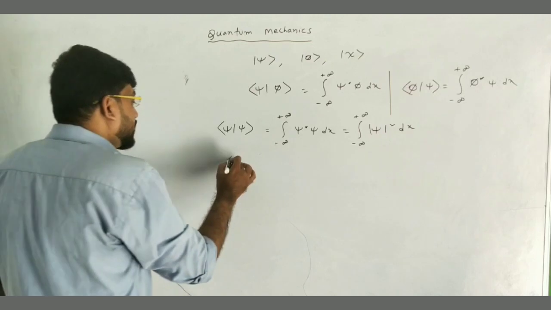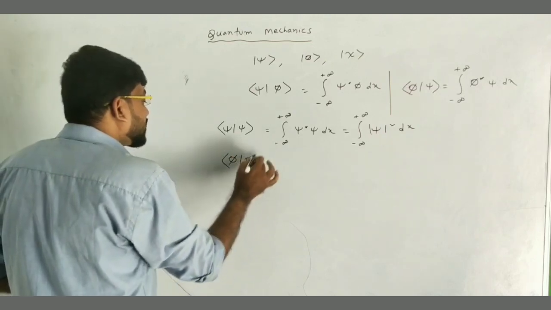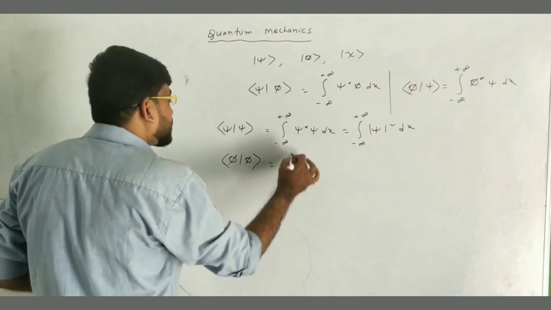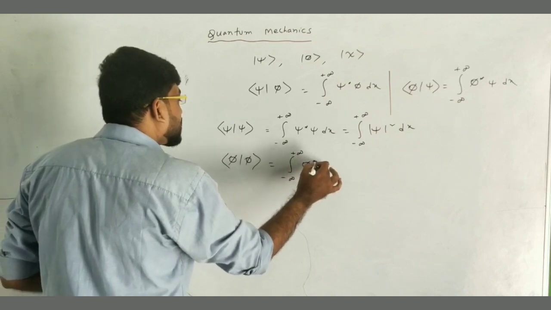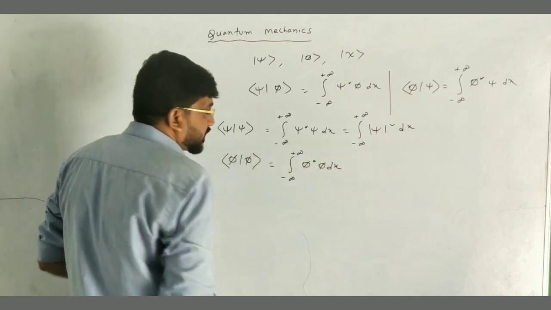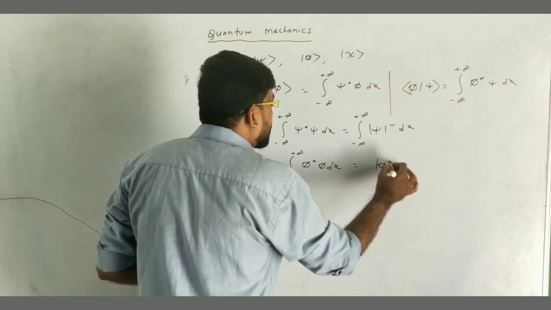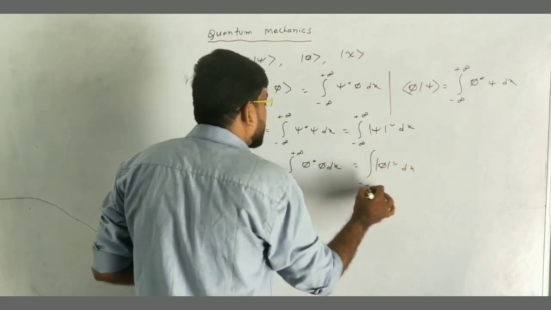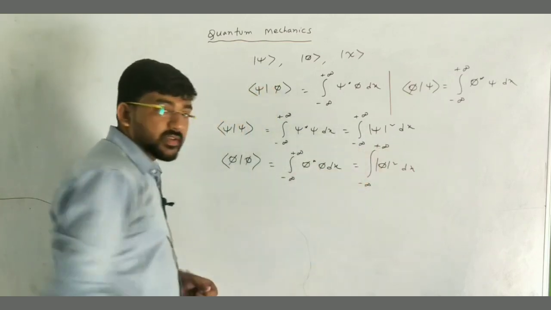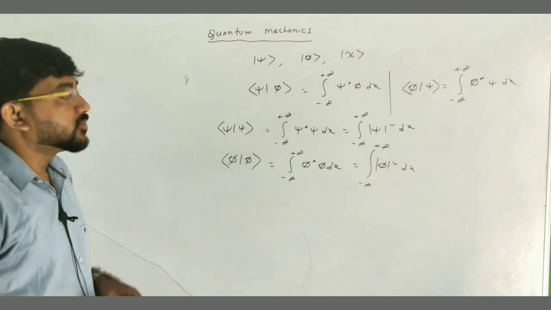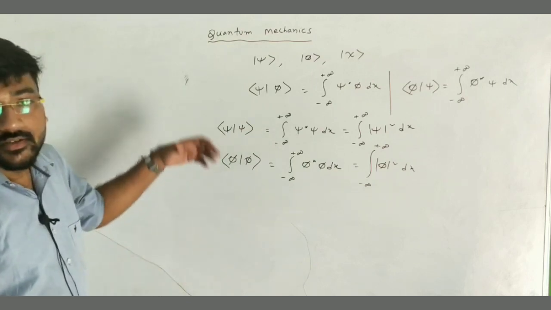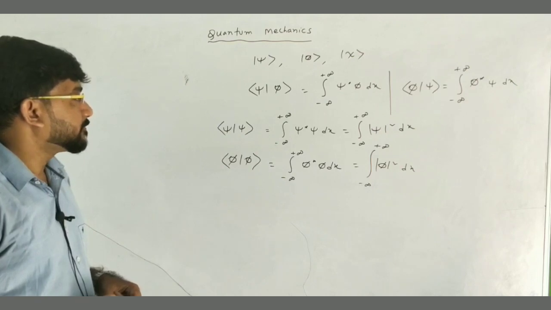Similarly, if we have phi with phi, then we can write the integral from minus infinity to plus infinity of phi star phi dx, and that is basically mod phi square dx. This is the basic property of complex numbers, you know, z star z is equal to mod z square. So these kinds of things we have already discussed.